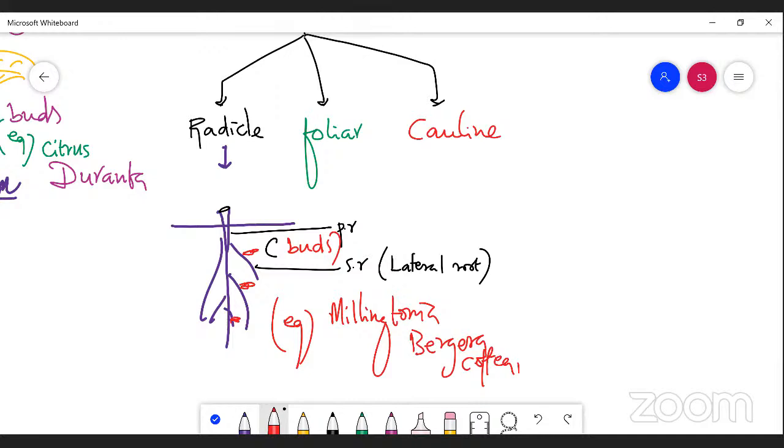Next we pass on to foliar buds. Foliar buds are buds that arise from the leafy portion. This is a leaf-like structure.